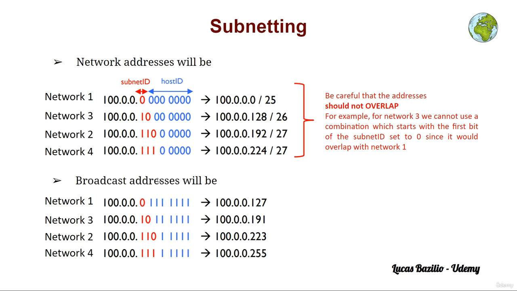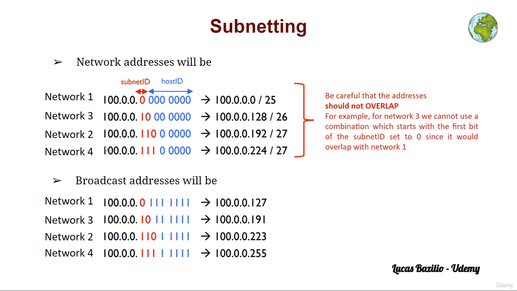Very important. Note and pay close attention. The subnet ID doesn't change. The subnet ID doesn't change if we are analyzing the network address, if we are analyzing the broadcast address, or if we are analyzing the host address inside the given network, okay? If we have the network 1, any host that is inside this network will have the subnet ID here 0, right?